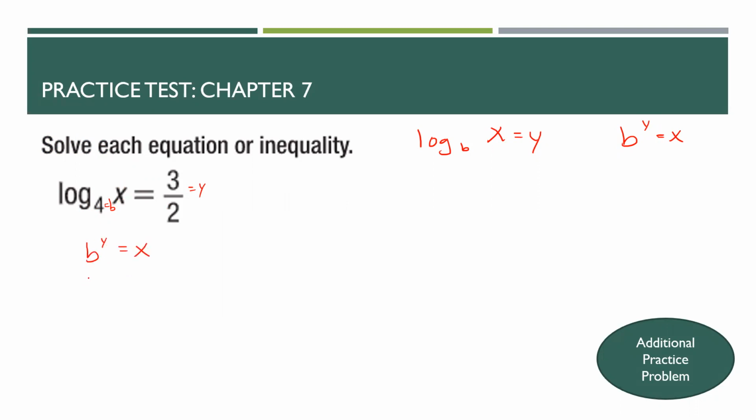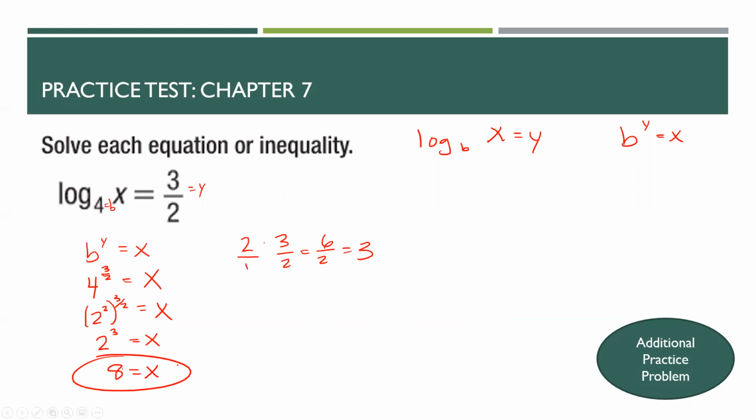So b is equal to 4, y is equal to 3 over 2, and then x is equal to x. So I can rewrite 4, this is the perfect square, as 2 squared to the power of 3 over 2, and then 2 times 3 over 2 is equal to 6 over 2, which is 3. So this becomes 2 to the power of 3 equals x, and 2 to the power of 3, 2 times 2 is 4, times 2 is 8. So this ends up being 8 is equal to x, okay?